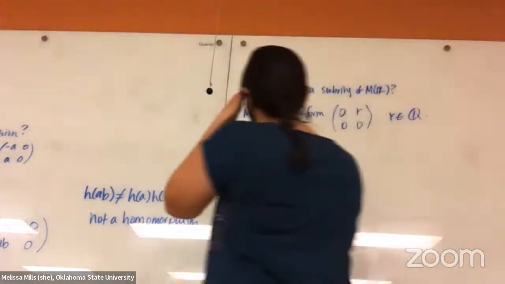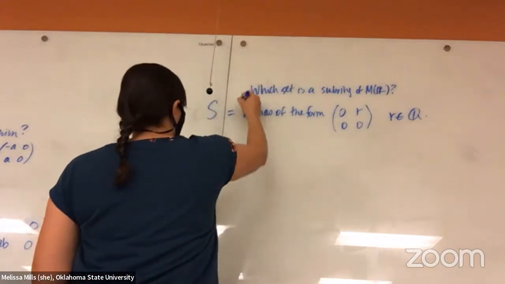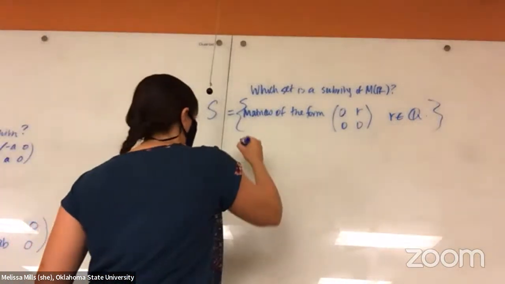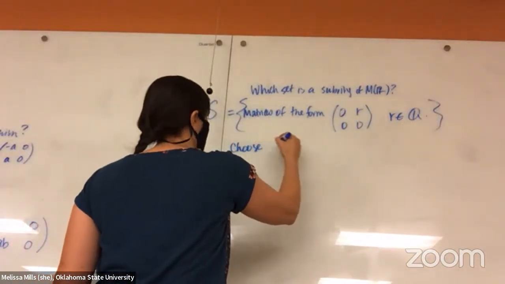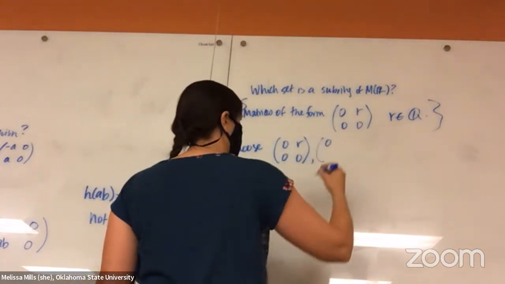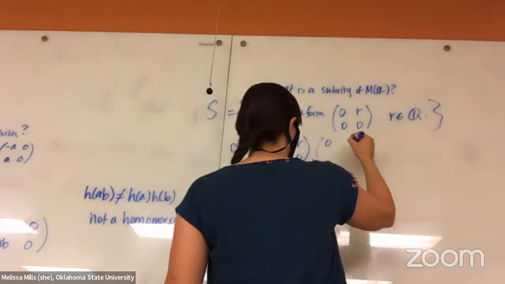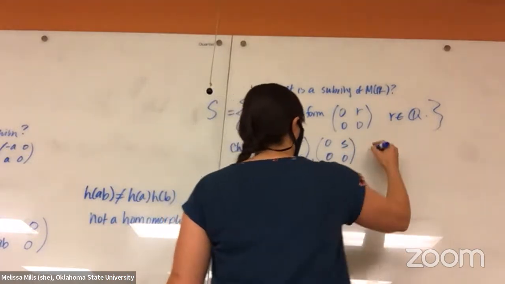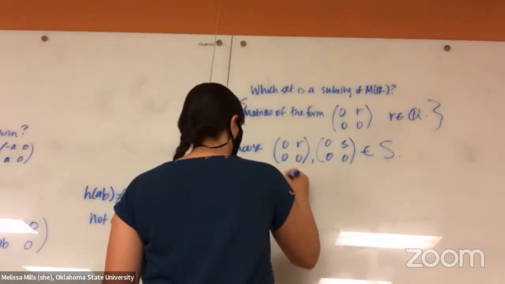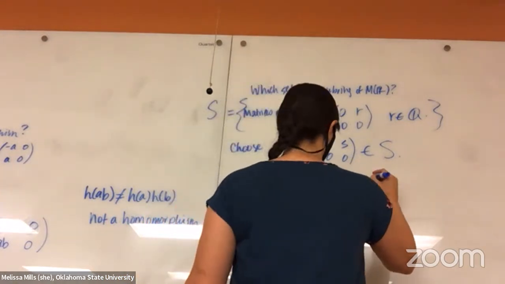Multiplication and subtraction, yeah. So let's call this set S. Okay, so we can choose 0 r, 0 0, I need a rational number r, and 0 s, 0 0, in the set S. Then if I do 0 r, 0 0 minus 0 s, 0 0, I get what I want.